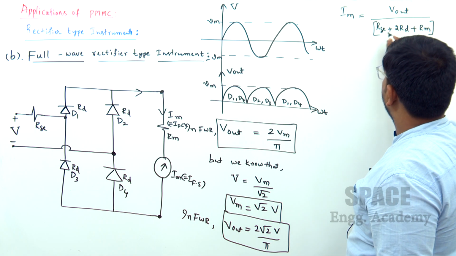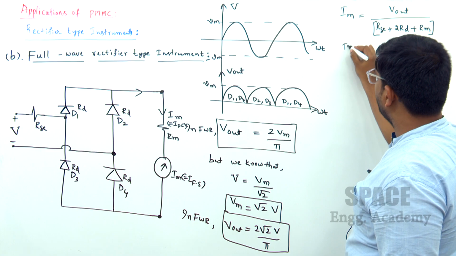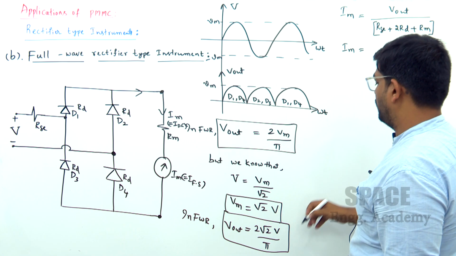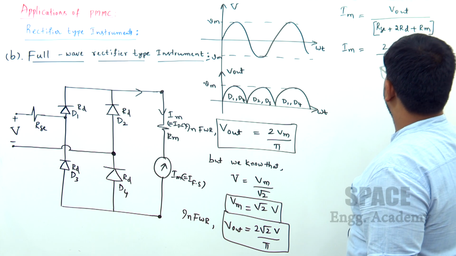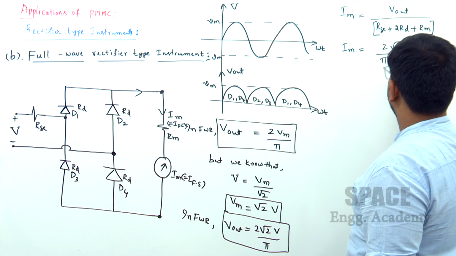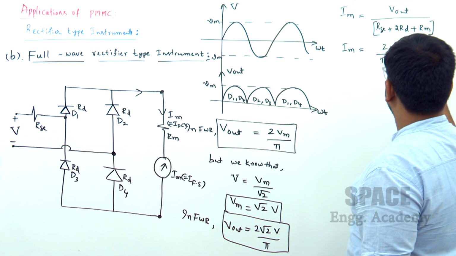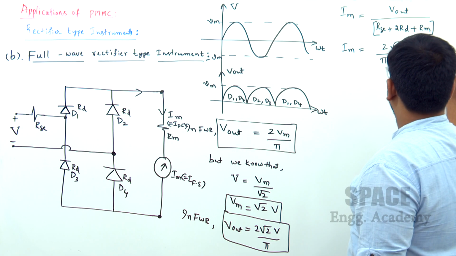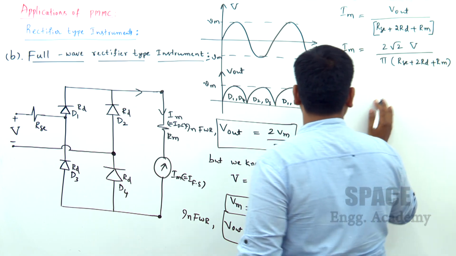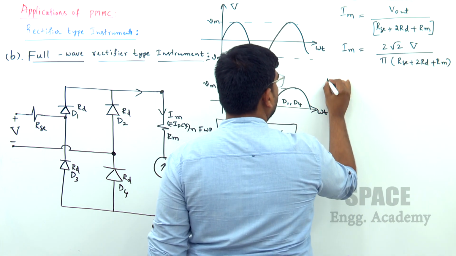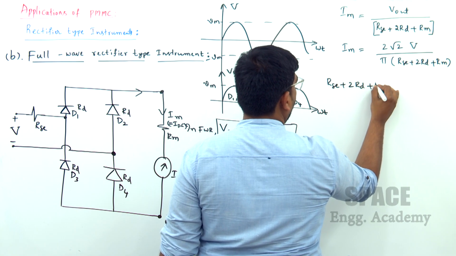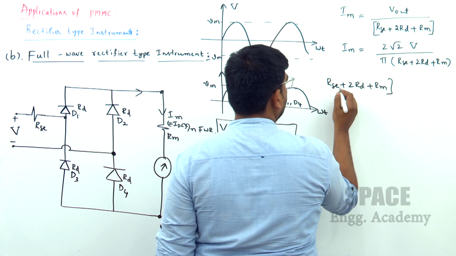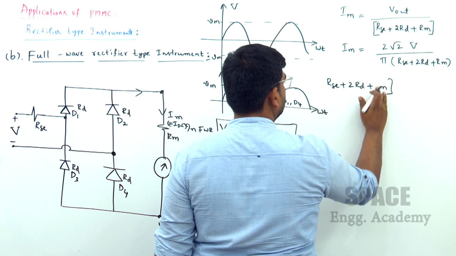Okay, from here when I replace output voltage with this relation, 2 root 2 RMS voltage by pi into RSC plus 2 RD plus RM. Look into this expression. Our interest is to write expression for total resistance RSC plus 2 RD plus RM. Automatically, what will be the result now?